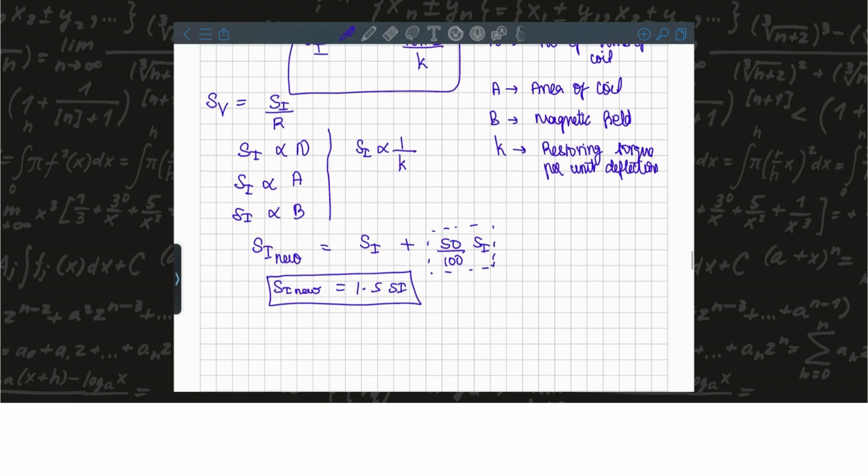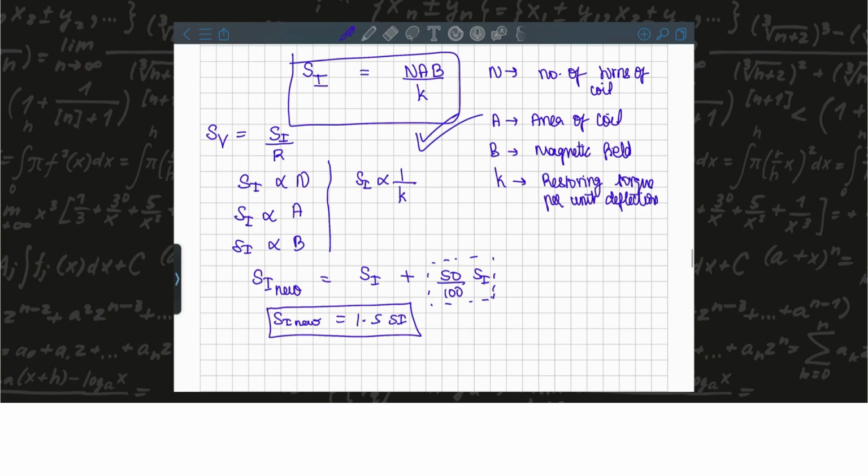From the formula we have found out the relationship between SI and N, right? If there is going to be an increase of 1.5 SI current sensitivity, then there will also be an increase by 1.5 times the number of turns of the coil from this relation.